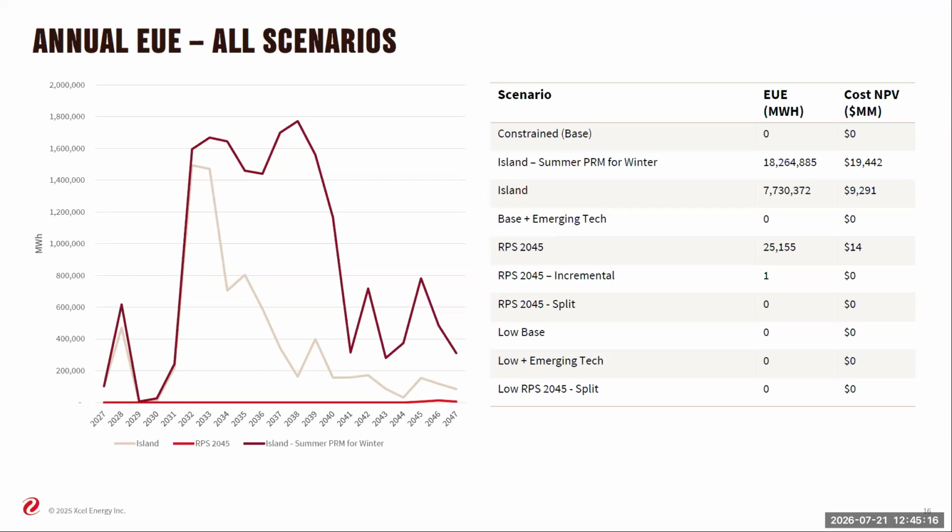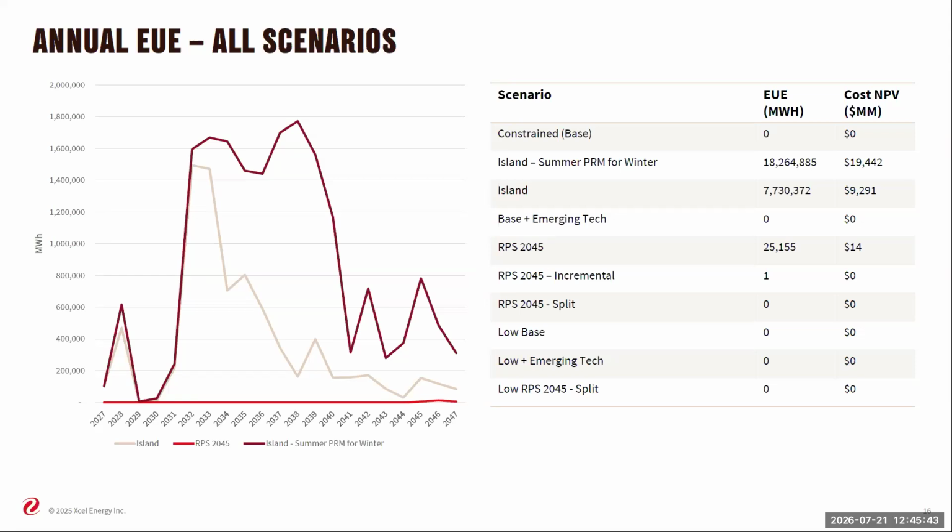But looking at this big spike, especially for the island, summer PRM for winter in the early 2030s, and thinking about some of the emerging tech assumptions, I'm wondering if the disconnect between capacity expansion and production cost modeling is missing the opportunity for the emerging tech options that are available for selection.